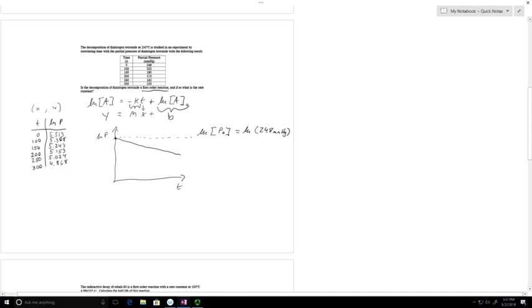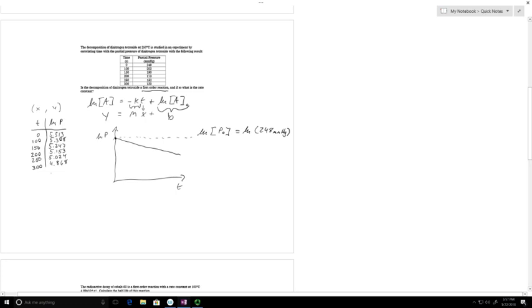Seeing that it's linear in this case, you would probably have to plot these as individual points to validate that they are in fact linear or approximately linear. Or alternatively, you could use a graphing function like Excel or your graphing calculator as it is available to you. But generally speaking, you will find this to be relatively linear.